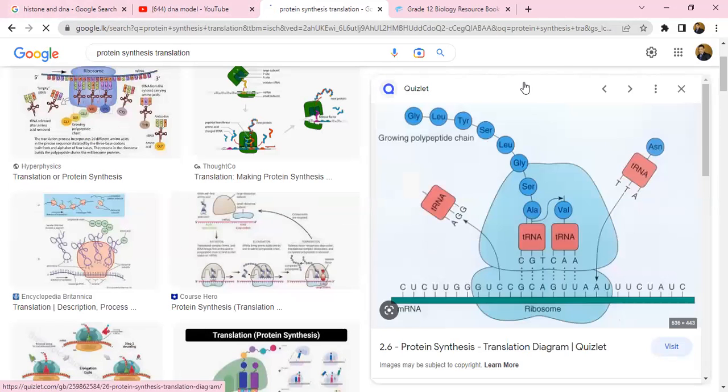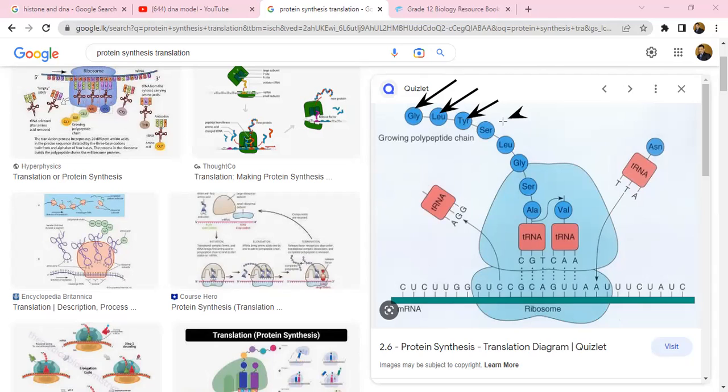Now look at this diagram here. In the beginning, this amino acid came. Thereafter, this amino acid came. Then between the two, a peptide bond was formed. Understood? Thereafter, this amino acid came through tRNA. Then this is also joined by a peptide bond.